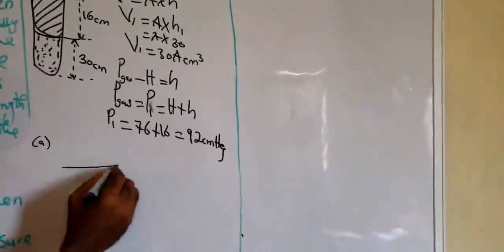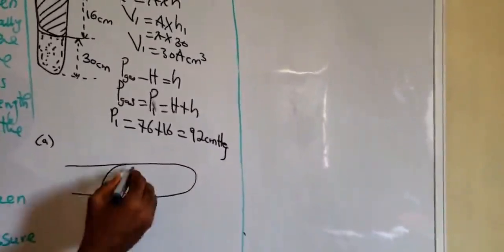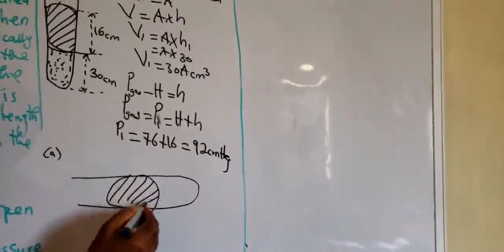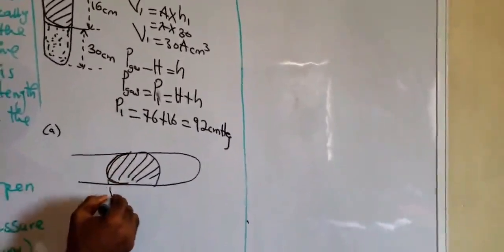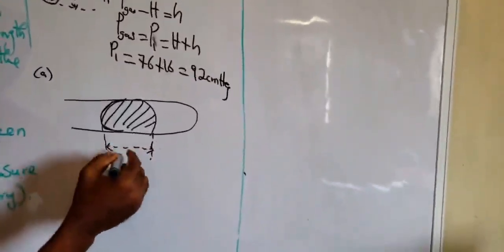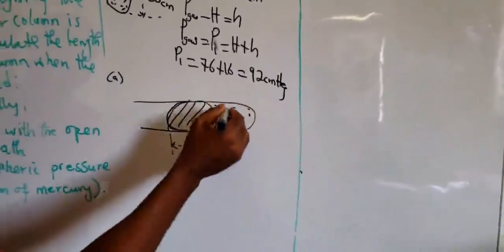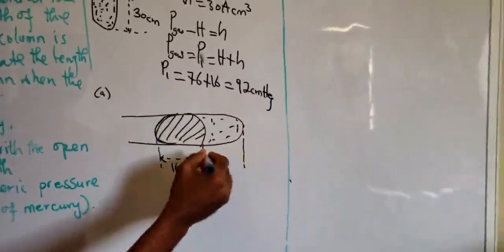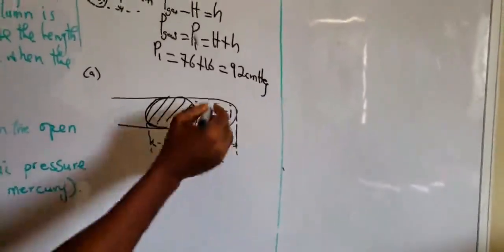Now look at the first question we are asked. If the same tube is lying horizontally. This is the same mercury thread. I'm not drawing it according to scale, but we understand what is going on. Now, this is the same air. They want us to calculate what would be the height of these air molecules.